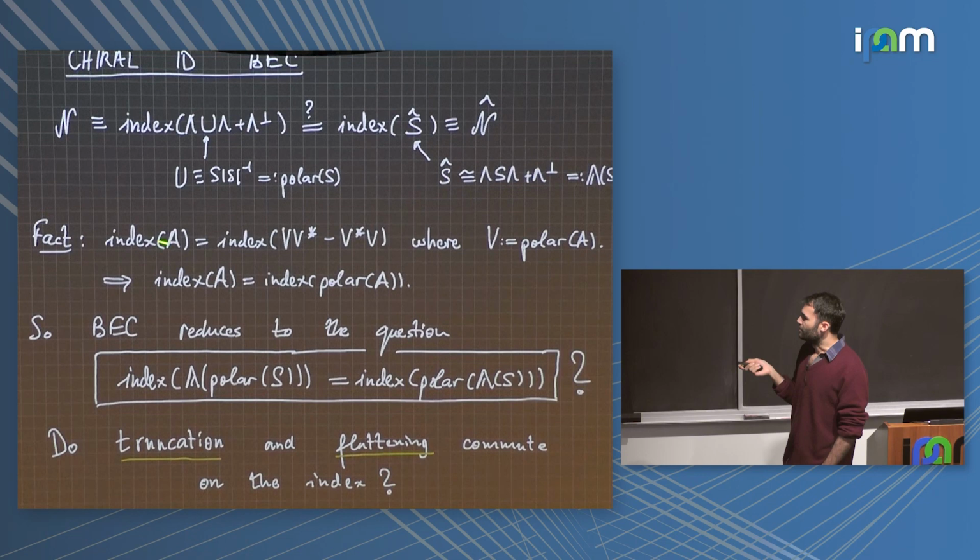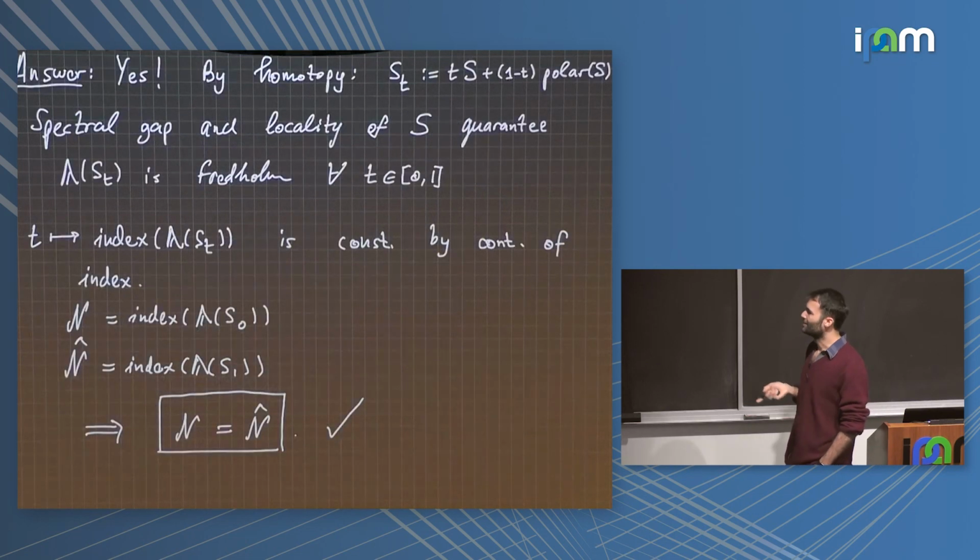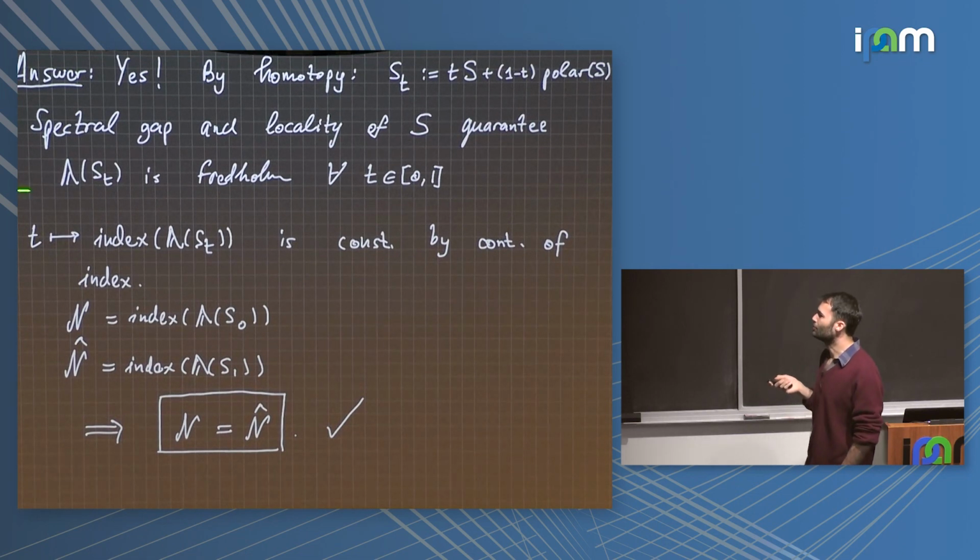It is the case that the index of an operator is the index of the polar part of an operator, so you can put the polar part here for free, and then the question is whether truncation of the polar part is equal to the polar part of the truncation as far as the Fredholm index can gauge. The answer is yes. Why? Because you can make a deformation between S and its flat version, and then you can truncate this deformation.